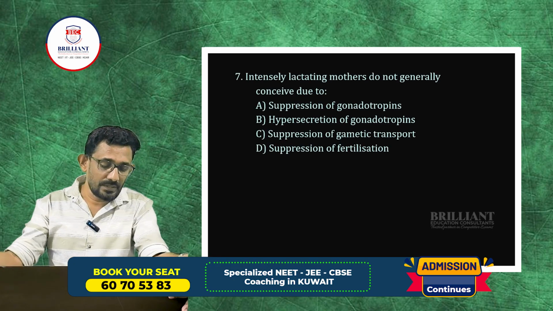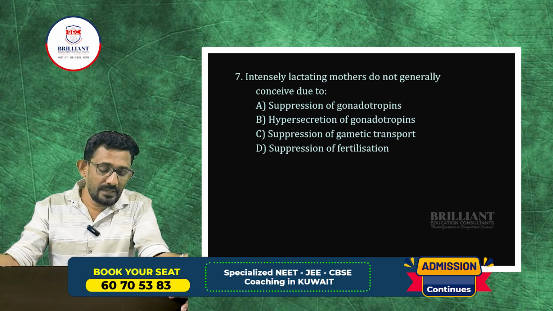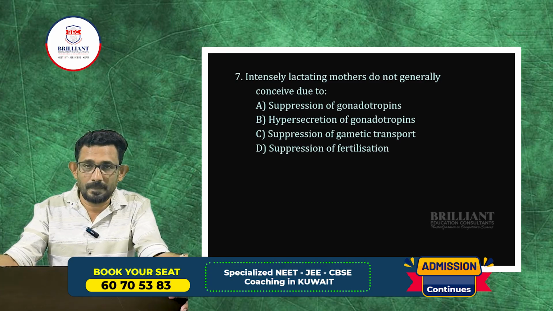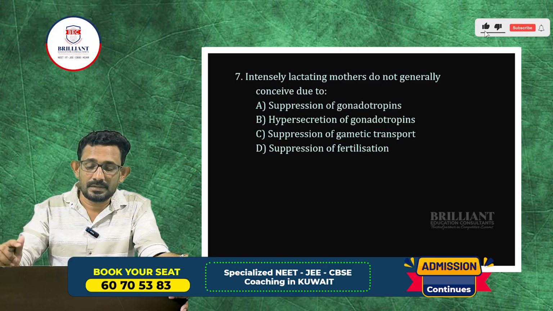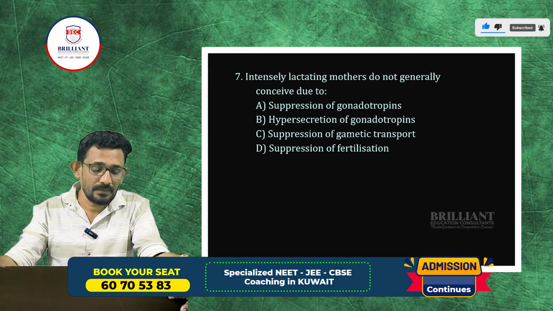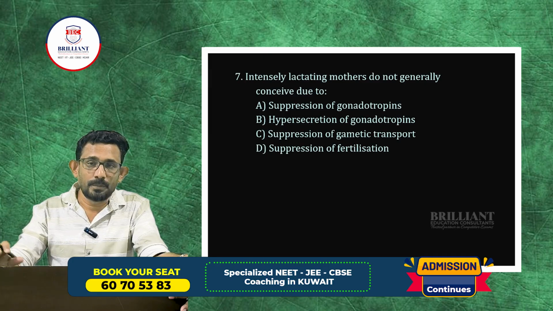And the seventh question, intensely lactating mothers do not generally conceive due to. You know that usually in the first 6 months of the lactating period after parturition, there won't be secretion of gonadotropic hormone. Due to that, ovulation won't be there.